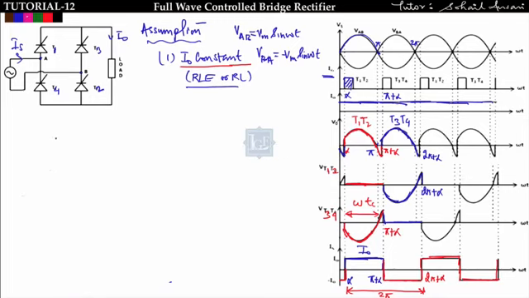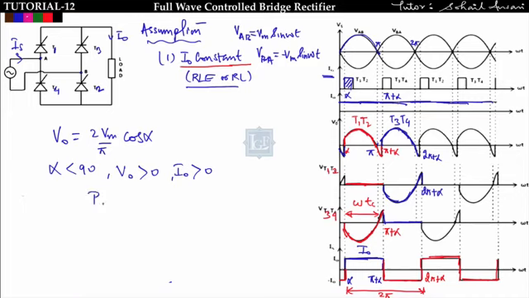Now take one note, that we are getting V naught equal to 2 Vm upon pi into cos alpha. This means the output voltage depends upon the triggering angle alpha. If alpha is less than 90, cos alpha will always be positive. So V naught is greater than 0 and I naught is also greater than 0.